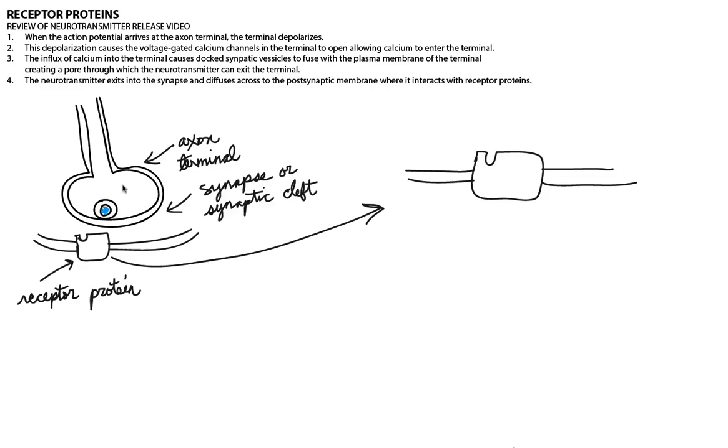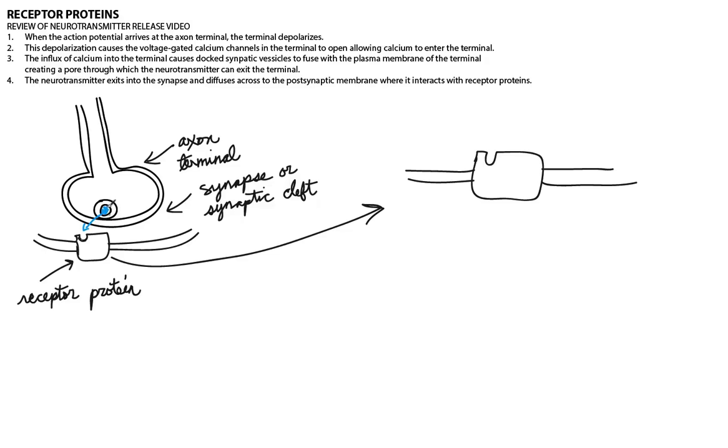It's the influx of the calcium into the terminal that causes these synaptic vesicles that are docked with the plasma membrane of the axon terminal to fuse with the plasma membrane, producing a pore whereby the neurotransmitter substance can actually be released into the synaptic cleft.